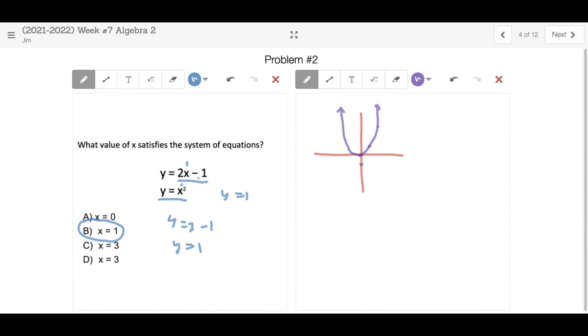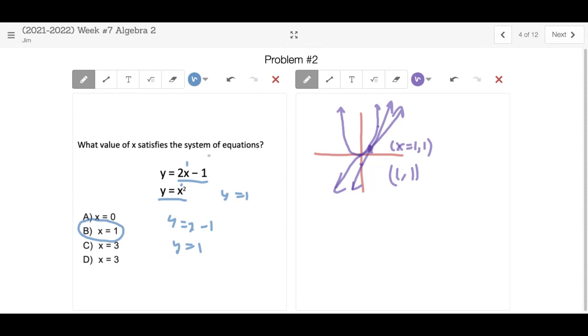So it starts at -1, and it goes up 2 over 1. So my graph looks like this. It looks like it only hits in one spot. This is a bad graph because I didn't hit that point, but it looks like it just hits in one spot, and that point was 1, 1. All right, so that's where it hits.